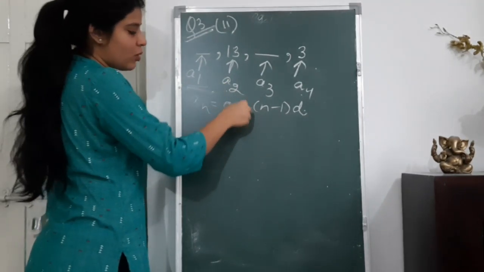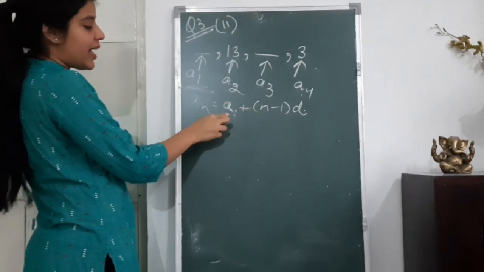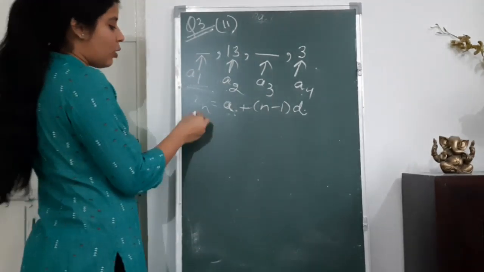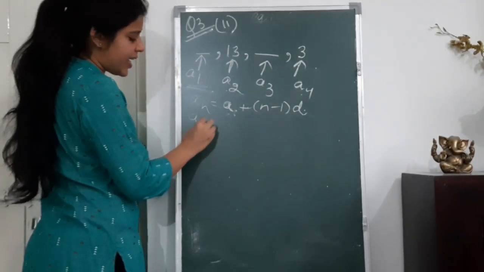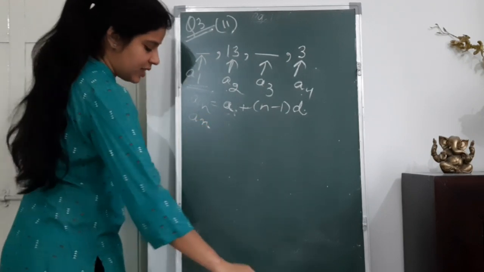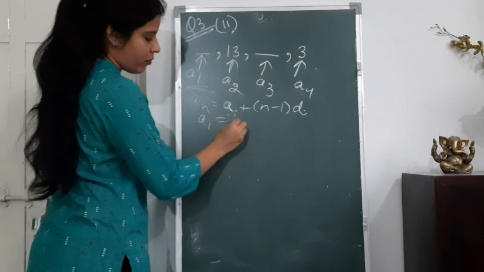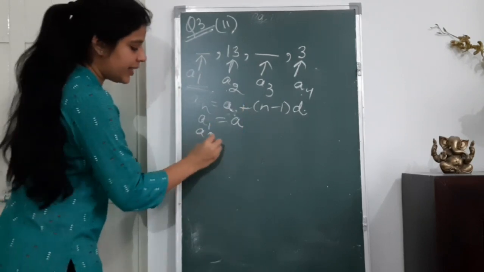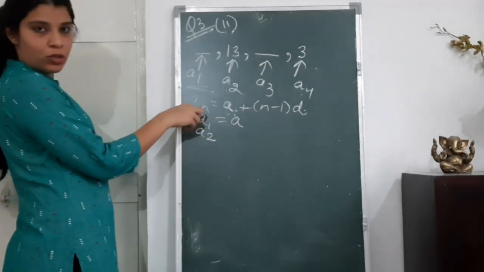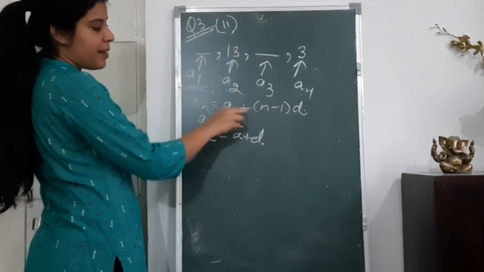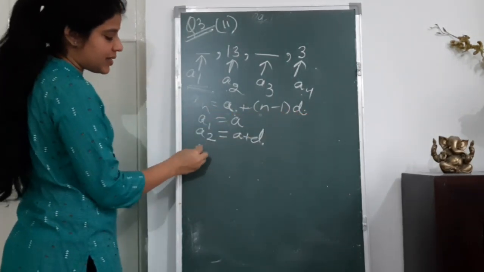An is equal to A plus n minus 1 into D, where A is nothing but A1, which is our first term. Now, first term is going to be equal to A. Second term will be what? Putting n is equal to 2 here, that gives me a plus d, because a plus 2 minus 1 into d is a plus d.